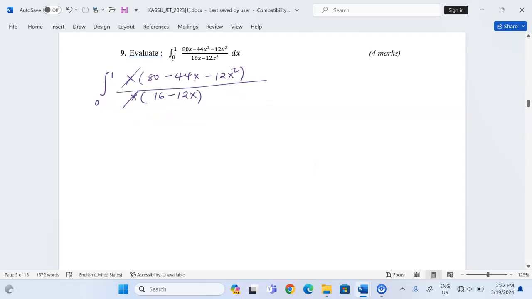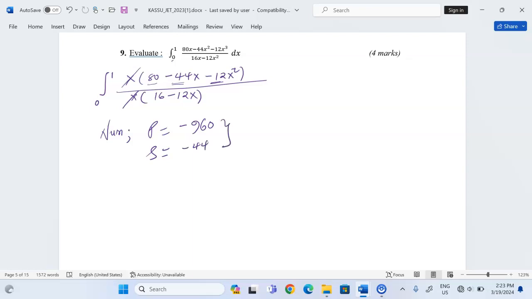Then we further factorize the numerator because it is quadratic. Now we need a product of a, which is −12, and c, which is 80, so this is −960, and a sum of the value at b, which is −44.